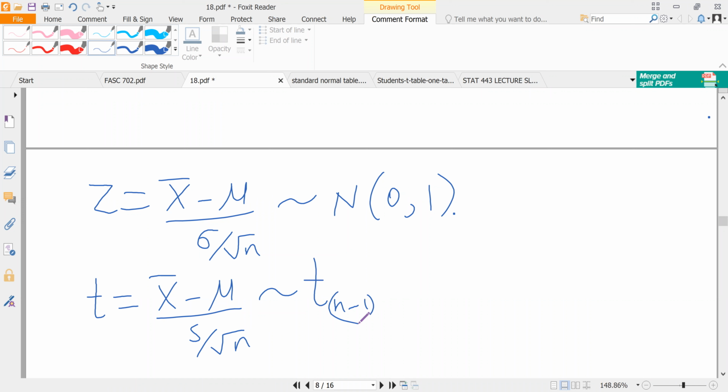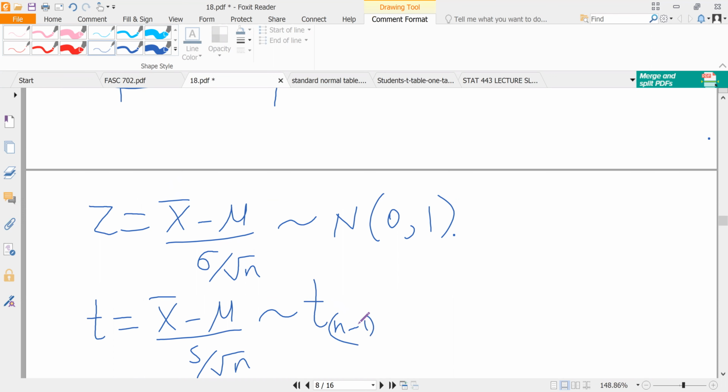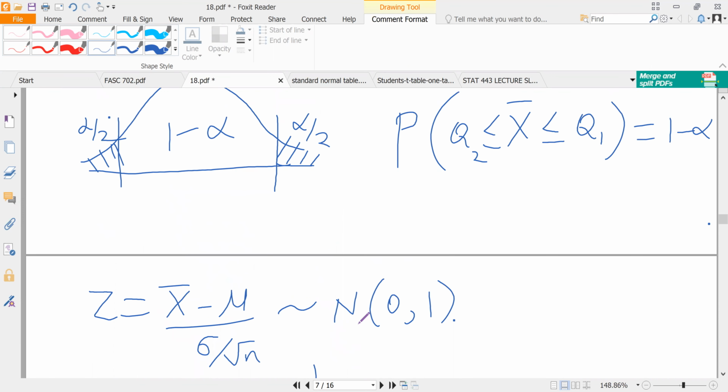So depending on your sample size, these two test statistics are what you are going to use in trying to derive the exact values of Q1 and Q2.